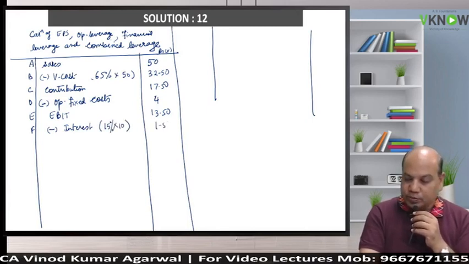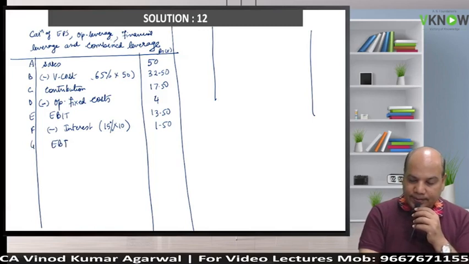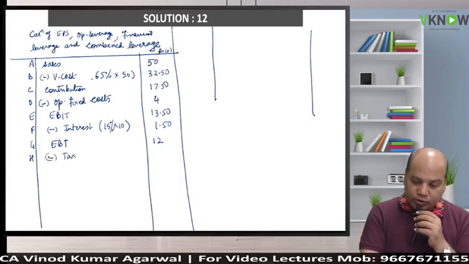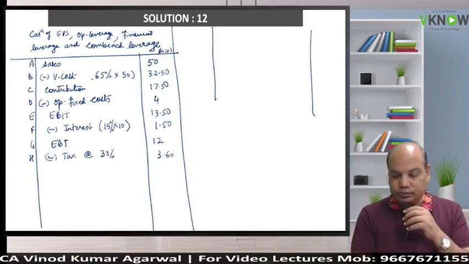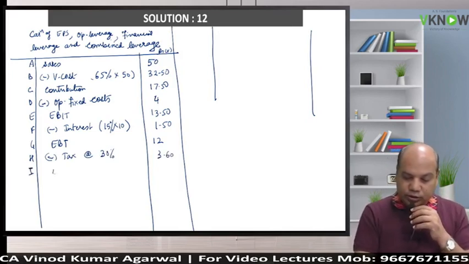So interest you are paying is 1.5 crore. Then write down EBT, which is 12, E minus F. Then write down less tax at the rate 30%, 3.6. Correct? Easy question. Earning after tax, 8.4.